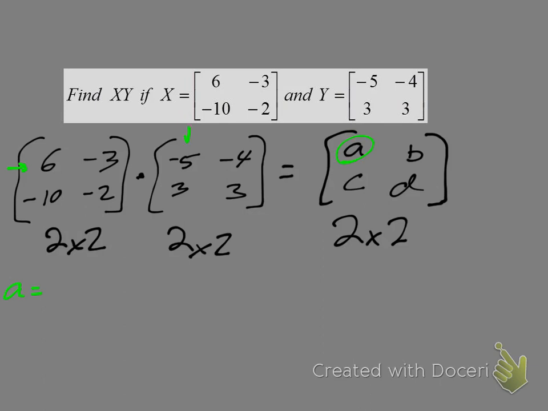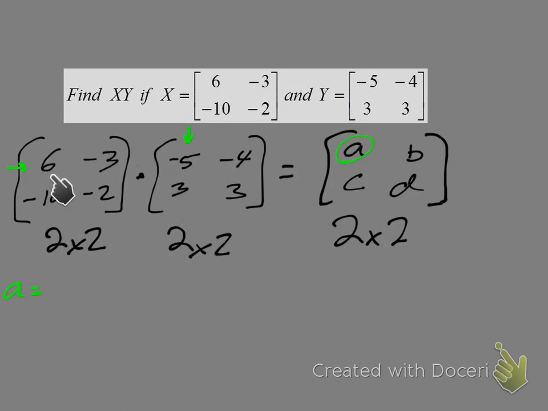Columns. In the second matrix, I want you looking at that column right there. A in your answer matrix is your element in the first row, first column. So you're going to make that element by doing stuff with this first row and this first column.